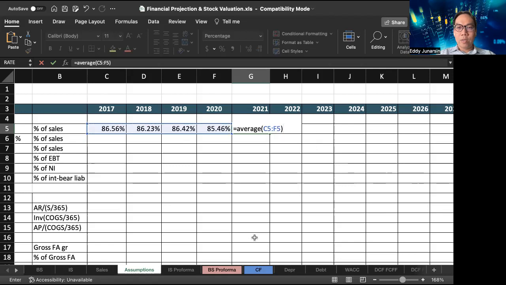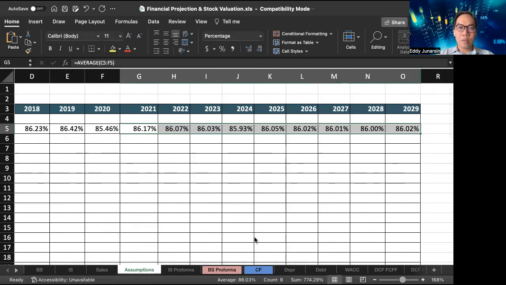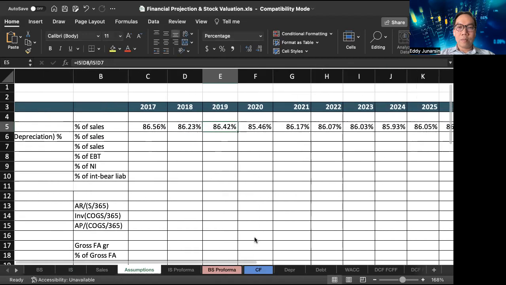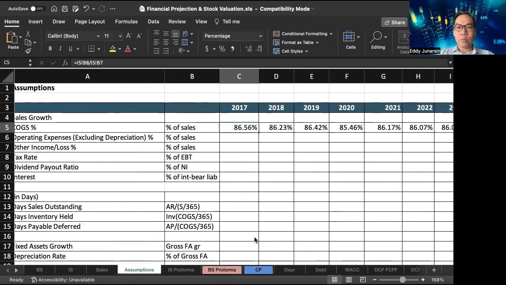Use the moving averages of the previous four ratios, the preceding four ratios. So I do the moving averages for cost of goods sold.